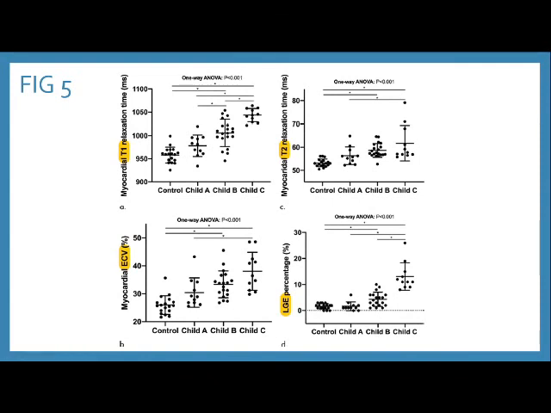This is the distribution of quantitative myocardial MRI parameters in the control group, compared with the subclassified cirrhosis groups A, B, and C, as you see. This shows that the higher the advancement of the liver disease, the higher the T1 relaxation time.